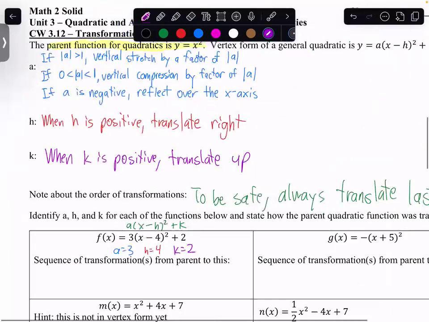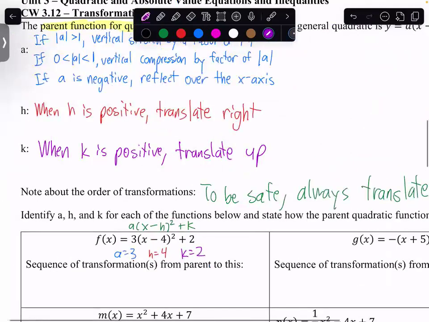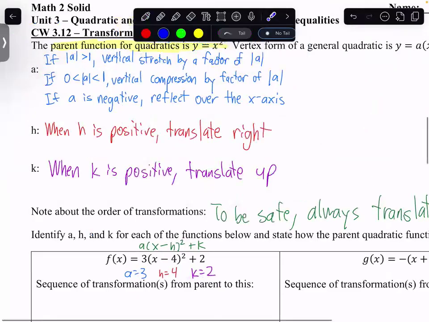Okay, so how does knowing A, H, and K help us identify the transformations? So look at A first. Okay, so actually I'm going to start down here. Okay, if A is negative, reflect over the x-axis. A is not negative, so we skip that. Okay, next, if the absolute value of A is greater than 1, there's a vertical stretch by that factor.